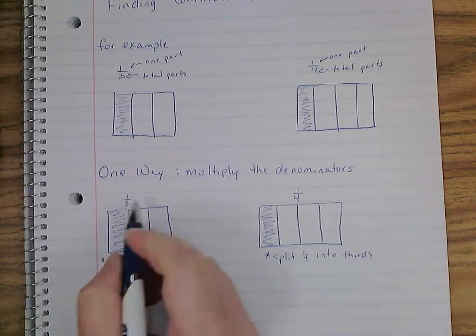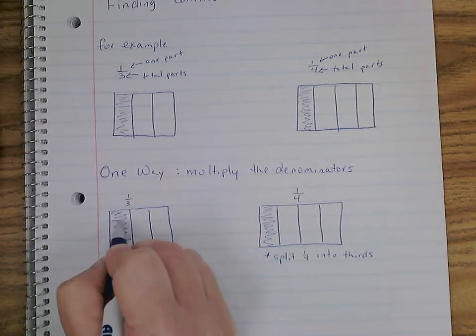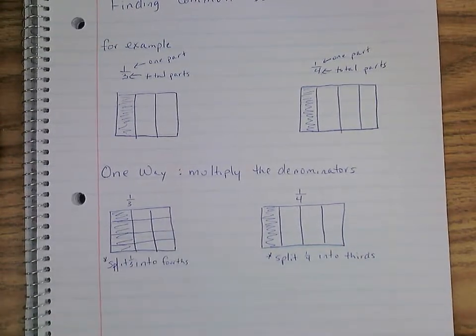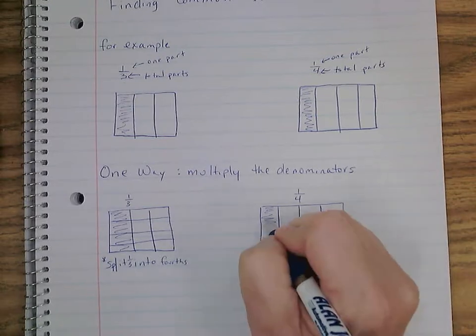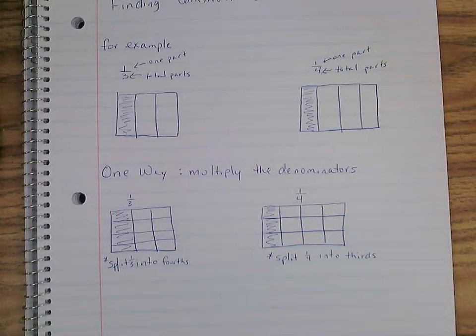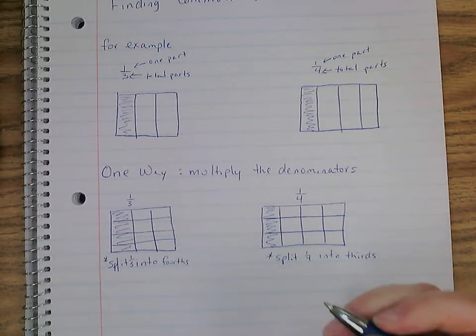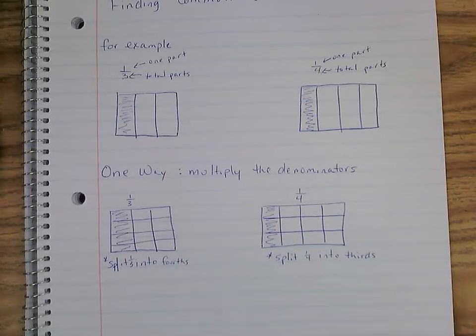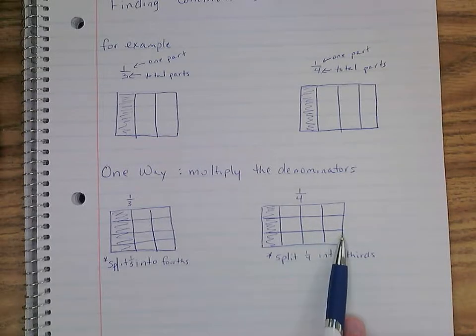So we're going to split this into 4 parts. So 1, 2, 3, 4. We're going to split this into 3 parts. 1, 2, 3. Okay, and so now we can see that I've named the section. Now I have equal sections in both rectangles. I have 12 sections here and I have 12 sections here.